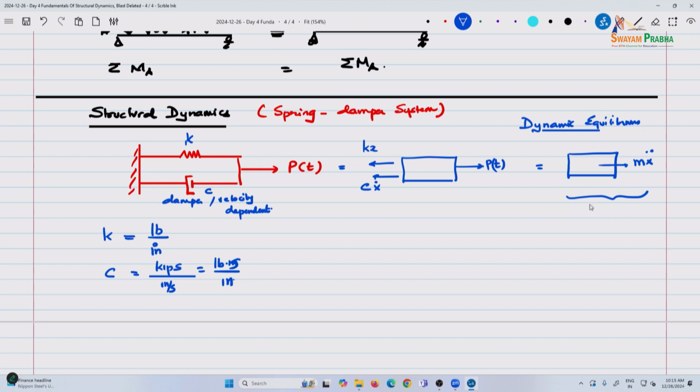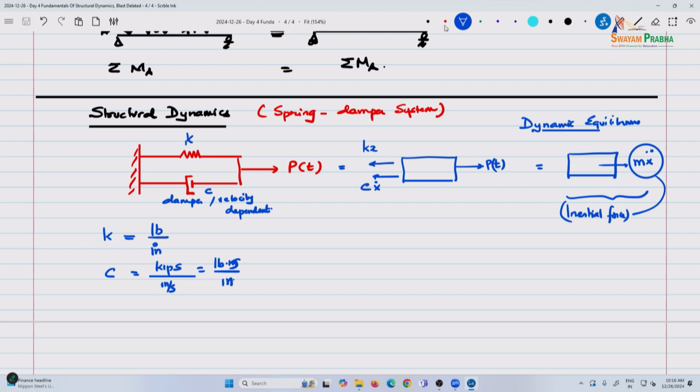Mass times acceleration is the force, and this is what you hear often as the inertial force. Accounting for inertial forces in several applications is quite important, especially this one, because this is something that you really do not see directly. So it's easy to ignore.